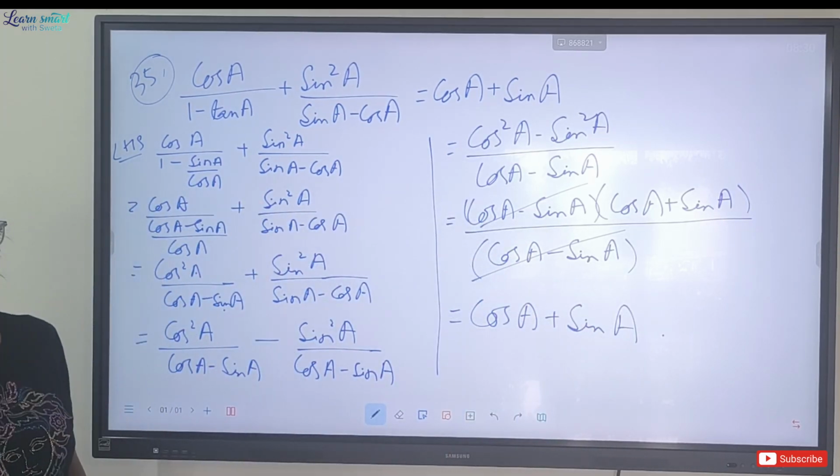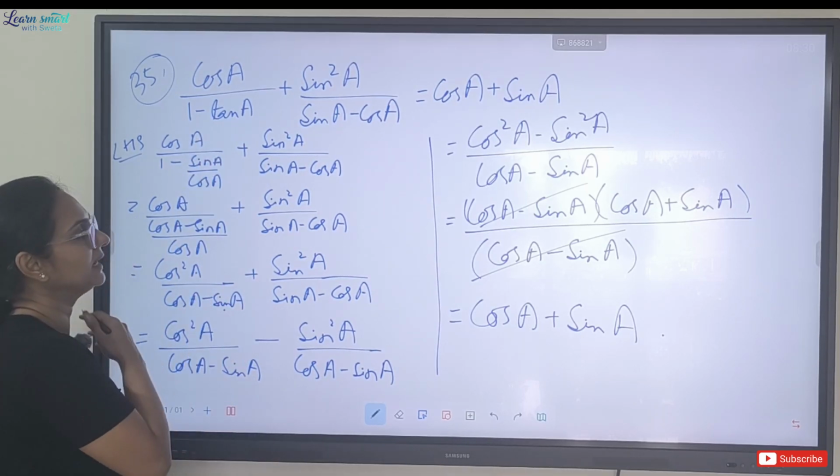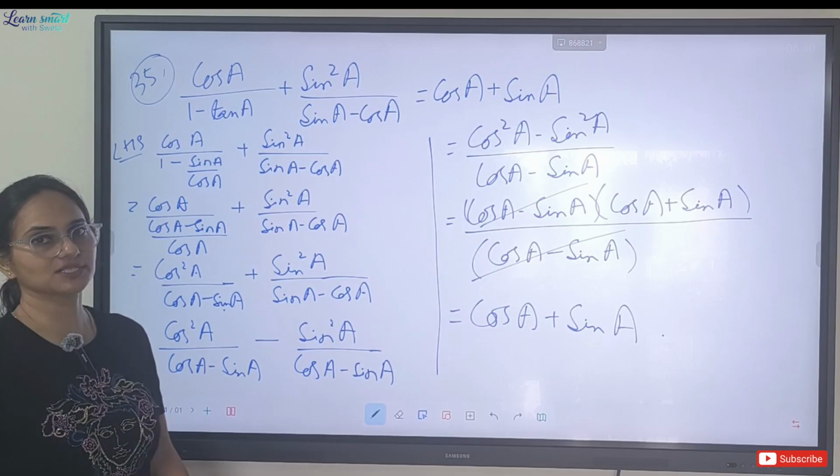So see, very simple question this was. Simply by putting sin A by cos A for tan A and solving, we get the RHS, right?